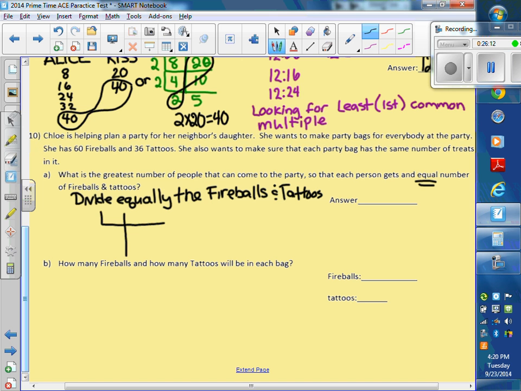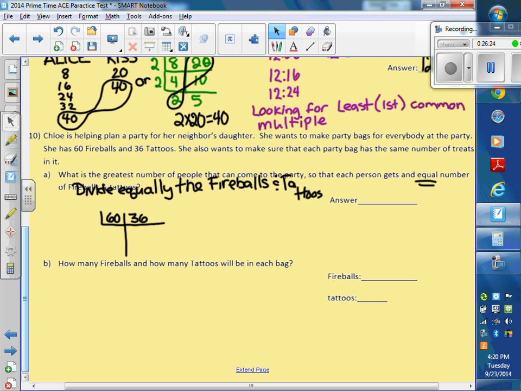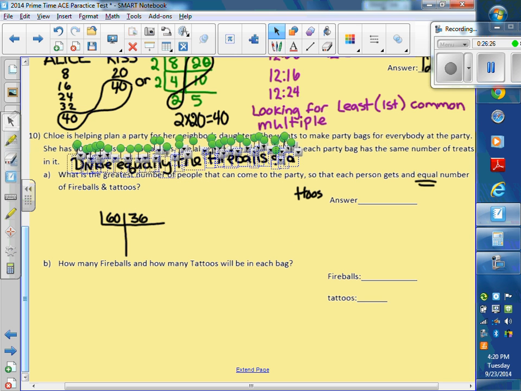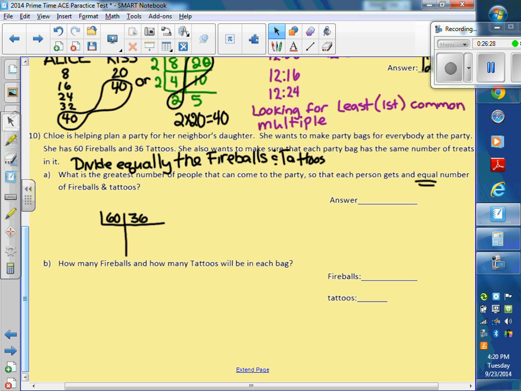So if I have 60 fireballs and 36 tattoos, I'm going to actually move this up here. So I can put up here 60 is my fireballs, and then 36 is my tattoos.